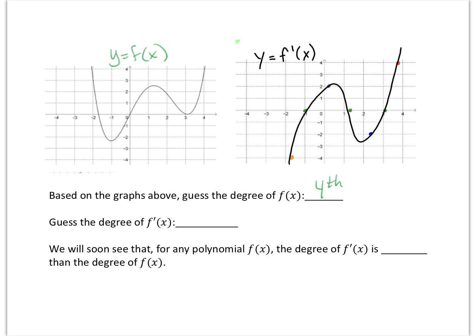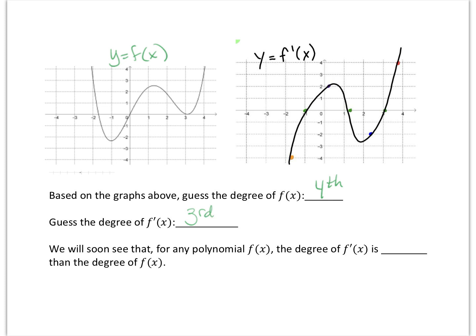Okay, and then this graph has one arm down and one arm up in terms of its end behavior. So that means it's got to have an odd degree, and it's got 2 extrema, which means it has to be at least 3rd degree. So let's guess 3rd.